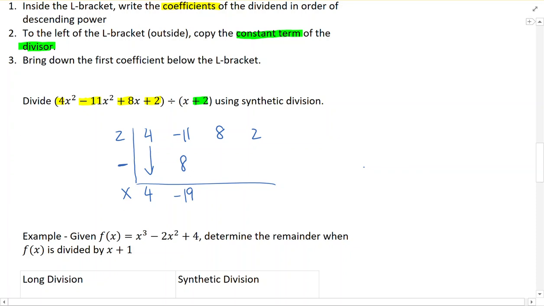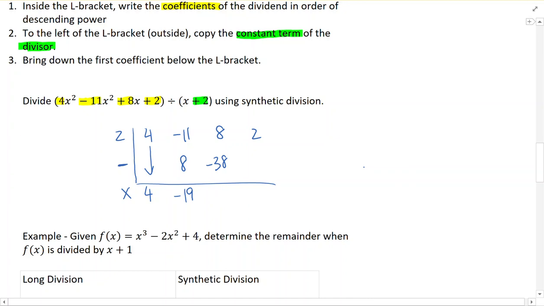Okay, so now 2 times negative 19 is negative 38. So negative 38, if we now subtract it, here will be 8 minus negative 38.